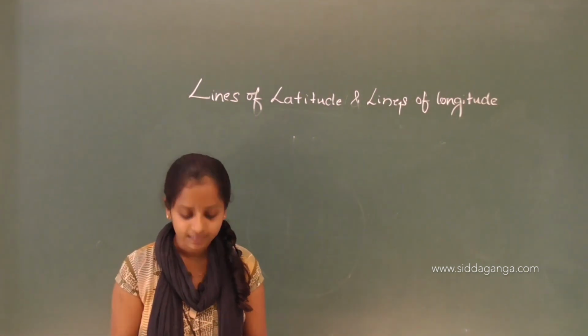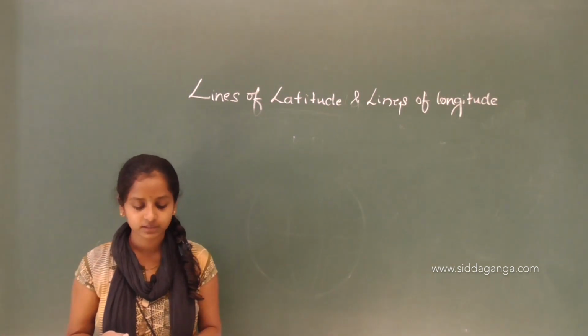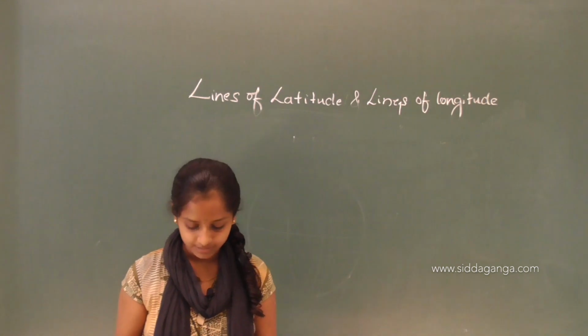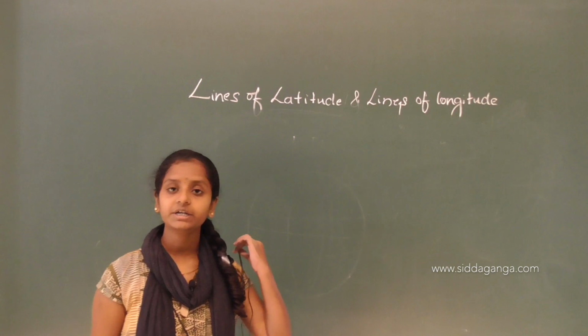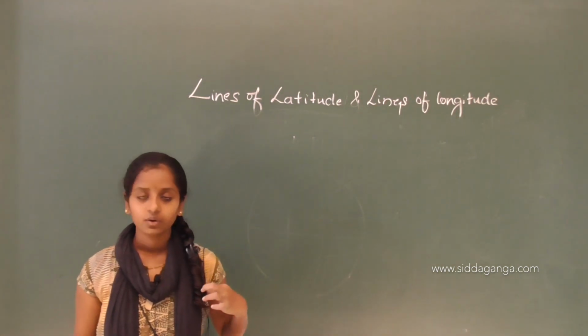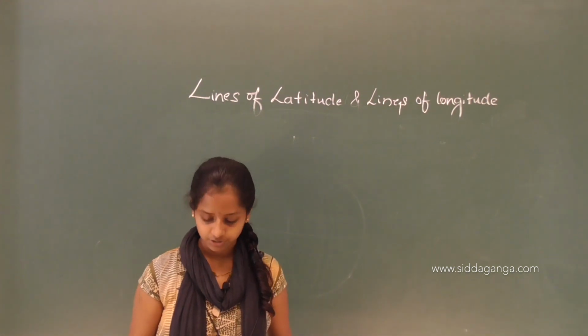International date line. Longitudes help us to calculate the time of a place. We know that Earth takes about 24 hours or 1440 minutes to complete one rotation.